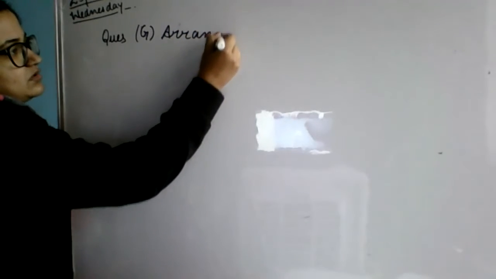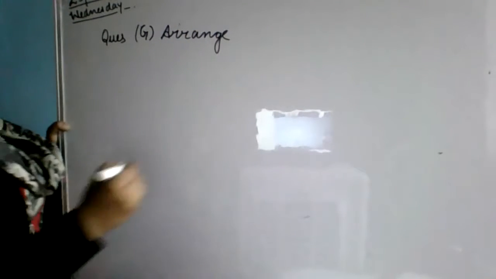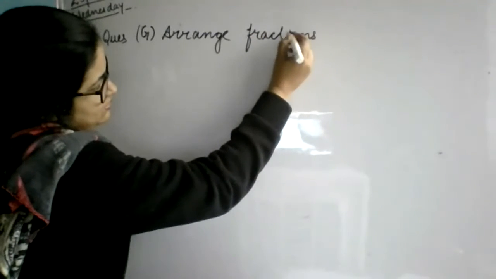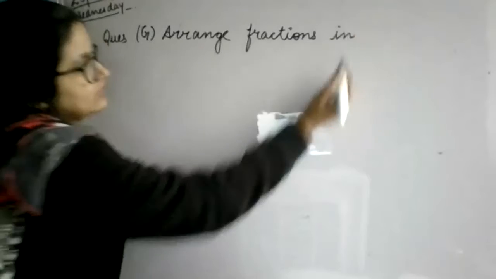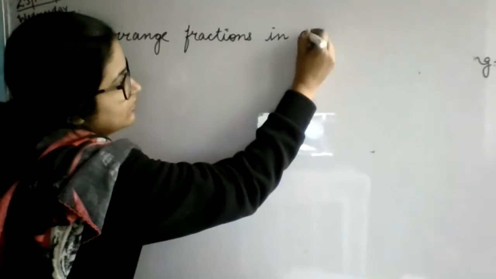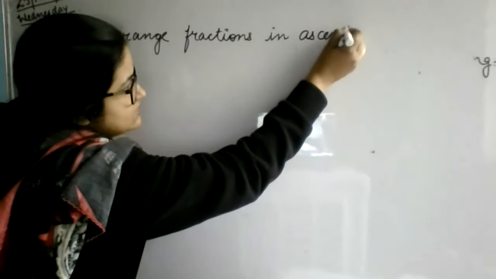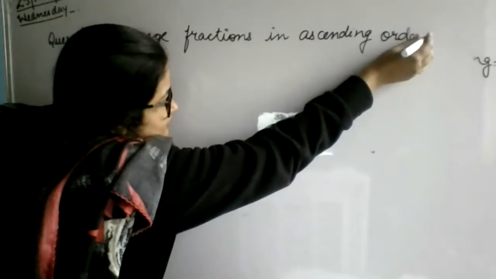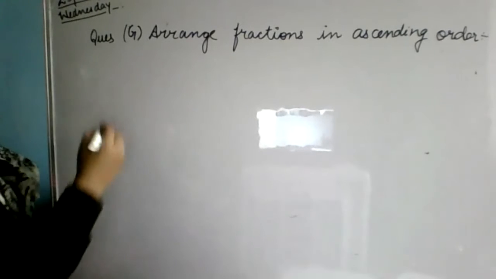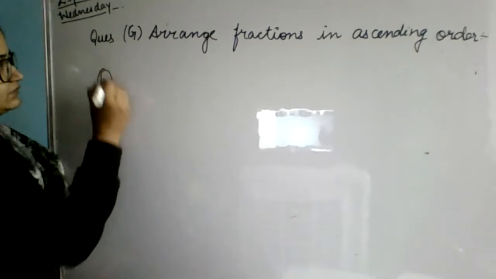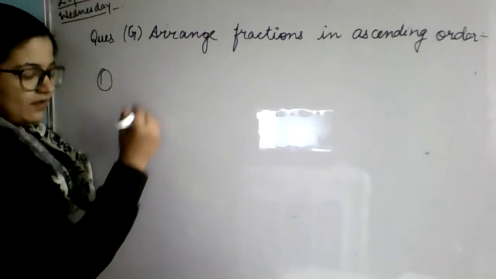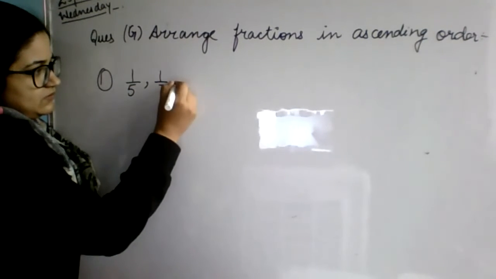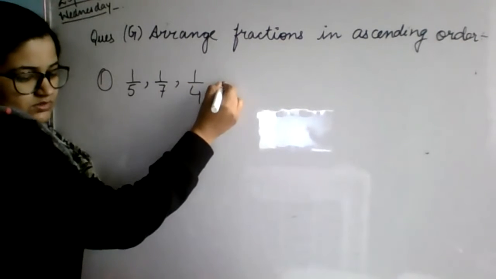Arrange fractions in ascending order. Question number 1: 1 upon 5, 1 upon 7, 1 upon 4, 1 upon 3.